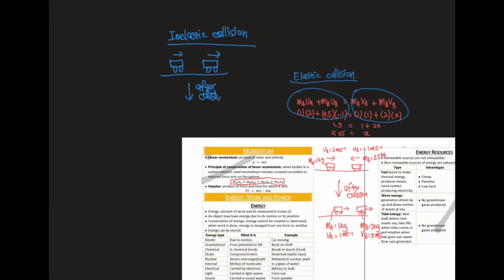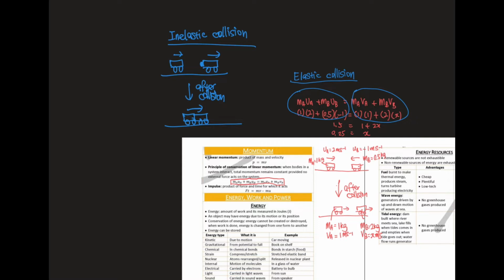After collision, they move together. How can this happen? For example, you put some plasticine at the back, so that when the trolley at the back collides with the trolley in front, they will stick together because you put something sticky there. You make them stick together. So in that case, this is an inelastic collision.